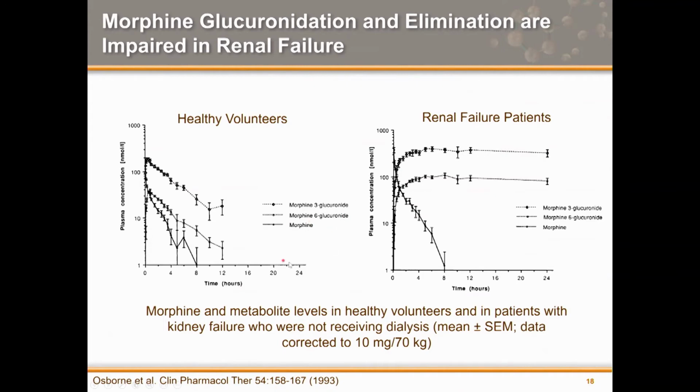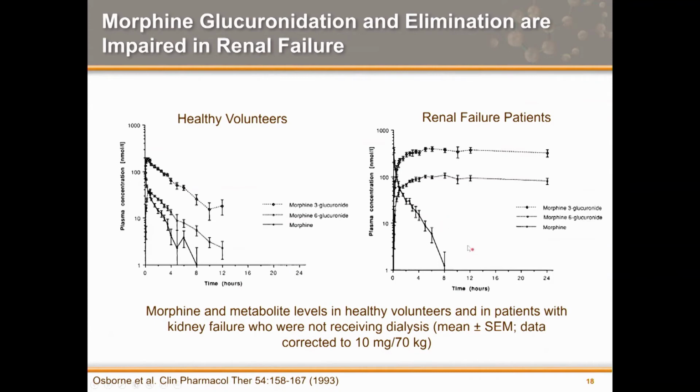They compared concentration-time profiles in healthy volunteers on the left to renal failure patients on the right. And what you can see is that the elimination of morphine, as well as the morphine 3- and 6-glucuronide metabolites, is significantly impaired in the renal failure patients.